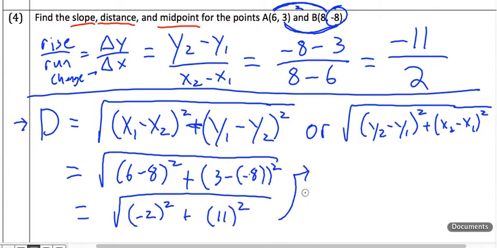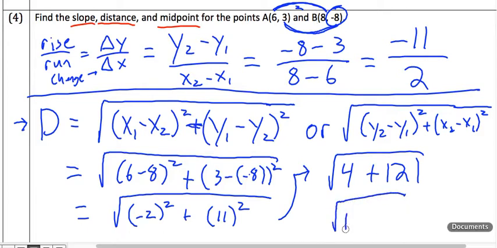Let's keep on simplifying. -2 times -2 is 4. 11 times 11 is 121. And so when you add these up, you get the square root of 125, which looks like maybe it even has a whole number square root. It doesn't. Let's simplify the radical expression a little bit. 125 is the same thing as 5 times 5 times 5.